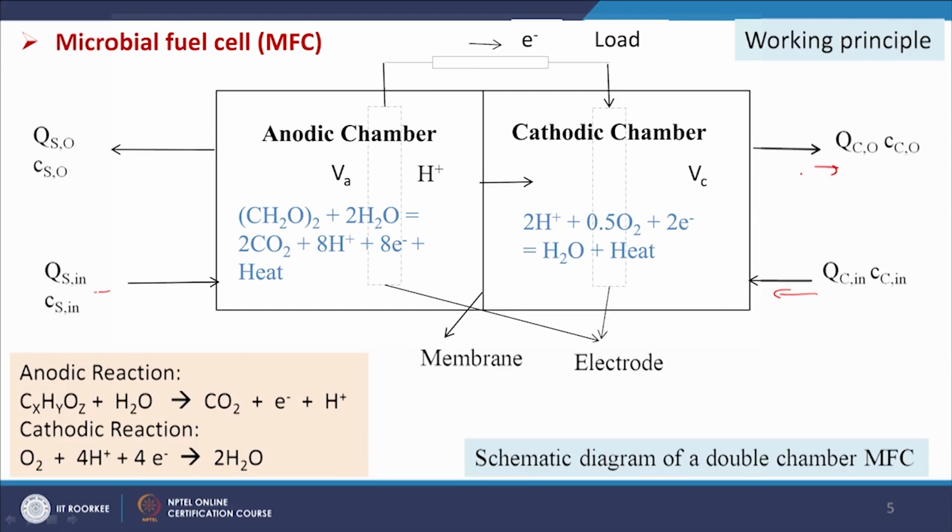During the process, electrons pass through an external circuit, which means we are able to get some electricity. If there is a load, we are able to get some voltage, and the flow of electrons, that is the current, is available in our circuit. That can be used for any application.